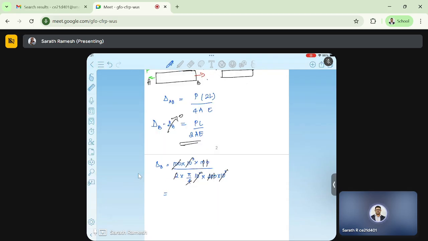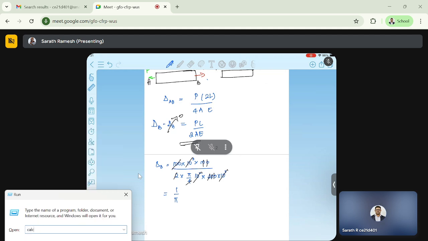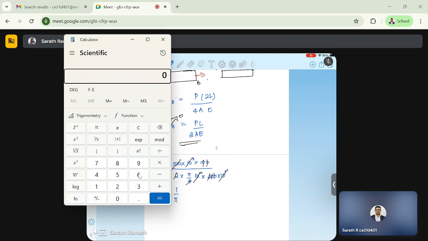So 1 by pi is my displacement of B. 1 by pi, let's use a calculator, is 0.318 mm. This is delta B.